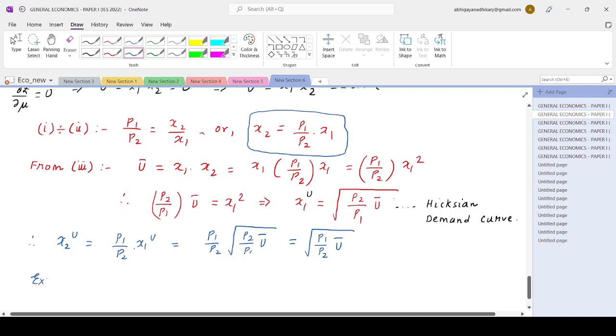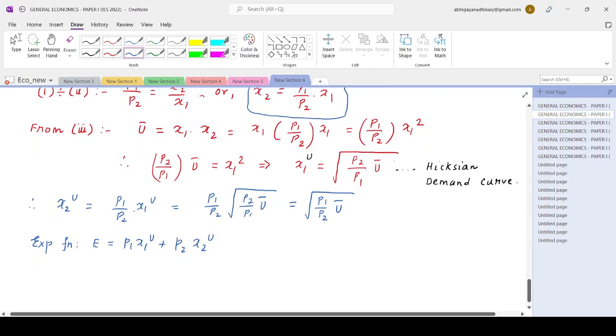So what is the expenditure function? E is equal to p1 x1 plus p2 x2, the minimum expenditure that is required. So if you substitute the values that you have got, E is basically p1 times root over p2 by p1 times u bar plus p2 times root over p1 by p2 times u bar.